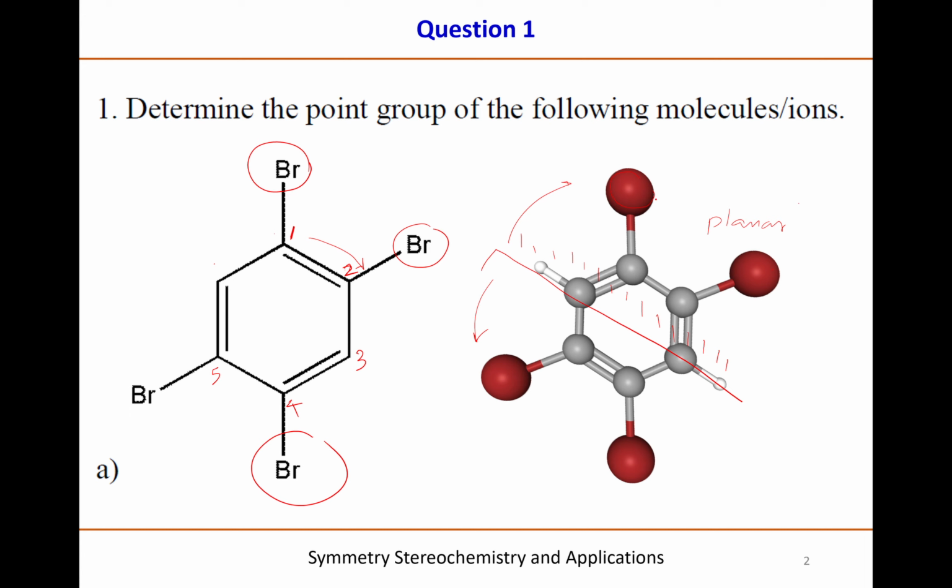So here we have a plane of symmetry, right? A sigma plane is present. Now find out the symmetry axis. Is there any symmetry axis? Same here only.